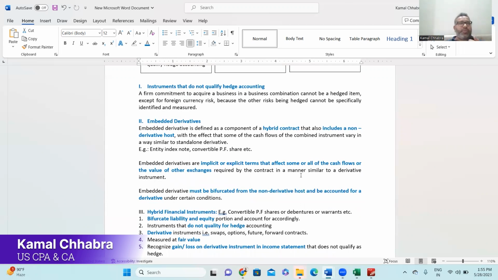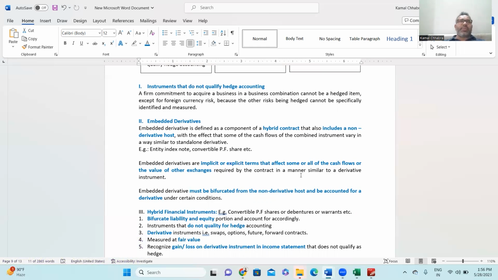It can be an option, swap, future, or forward contract. There is a possibility that you have a normal agreement, but within that agreement there are certain terms and conditions which result in that agreement being a derivative instrument. That is called an embedded derivative.